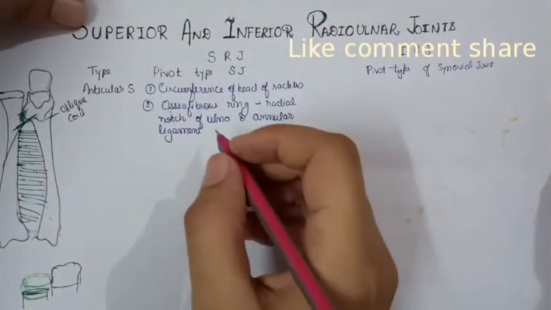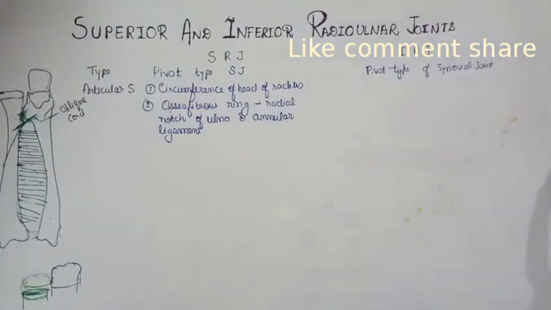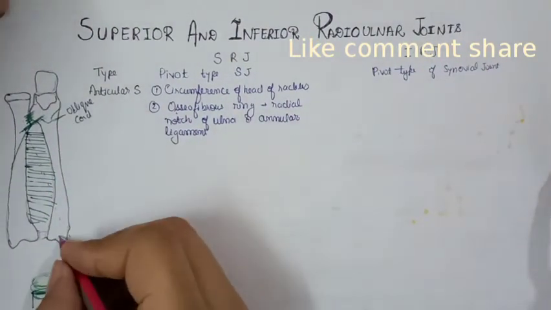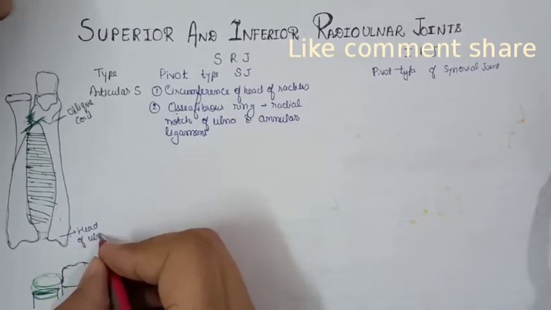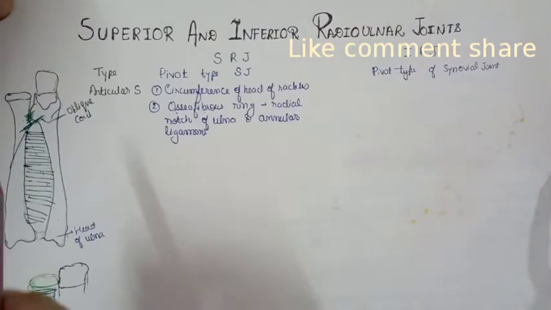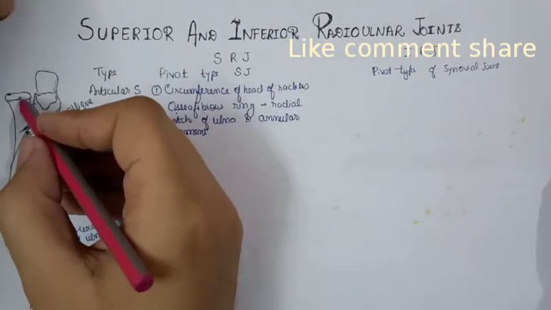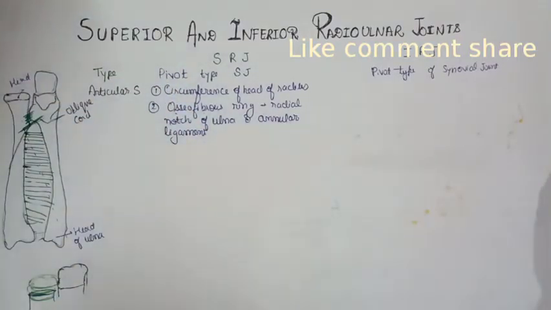Now let's see the articular surfaces of the inferior radioulnar joint. As you know, the head of the ulna is present down. There is a peculiar feature of the ulna: its head is pointing downwards, unlike the radius, whose head points upward or more proximally.